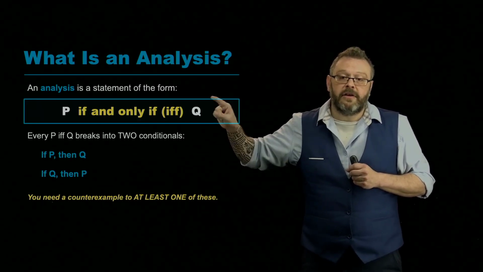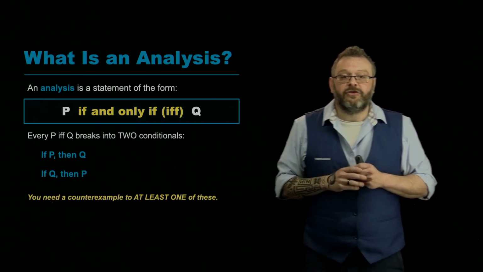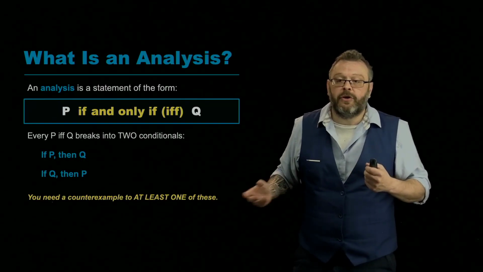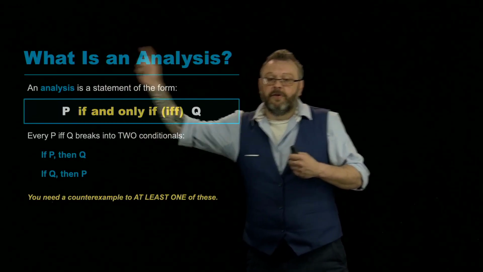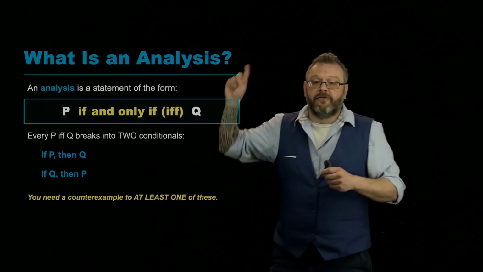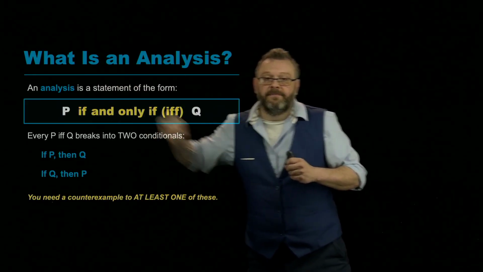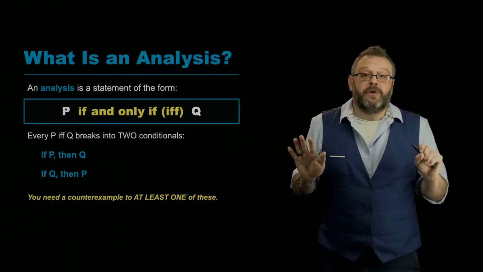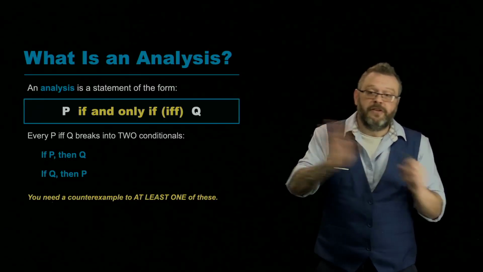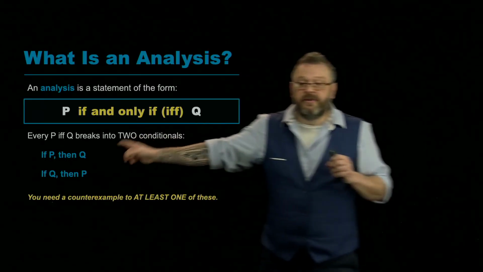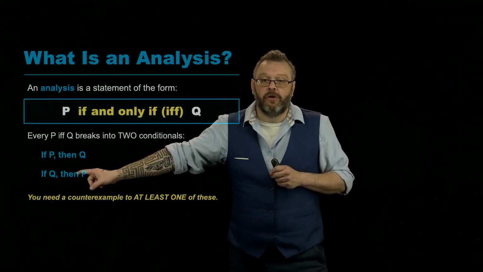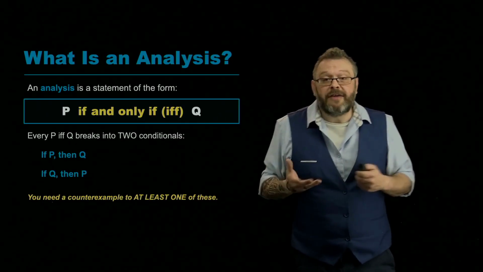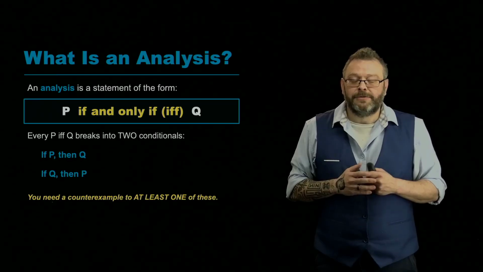So once I unpack it, what are the two conditionals? All I have to do is go if left, then right, and then I reverse it: if right, then left. That's it. Don't try to get cute with it. Don't try and put your if in the middle or anything like that. It's got to match this form or you're going to mess it up, or at least you run a very high risk of messing it up.